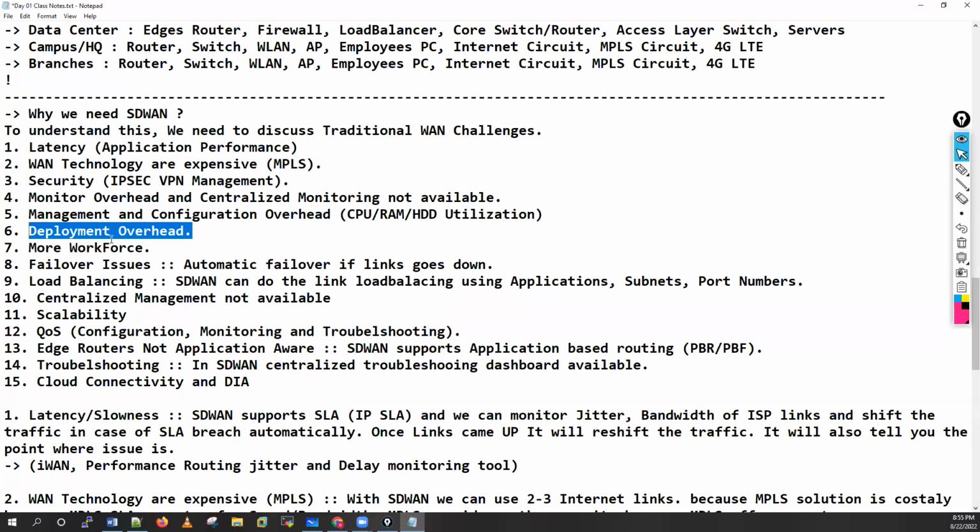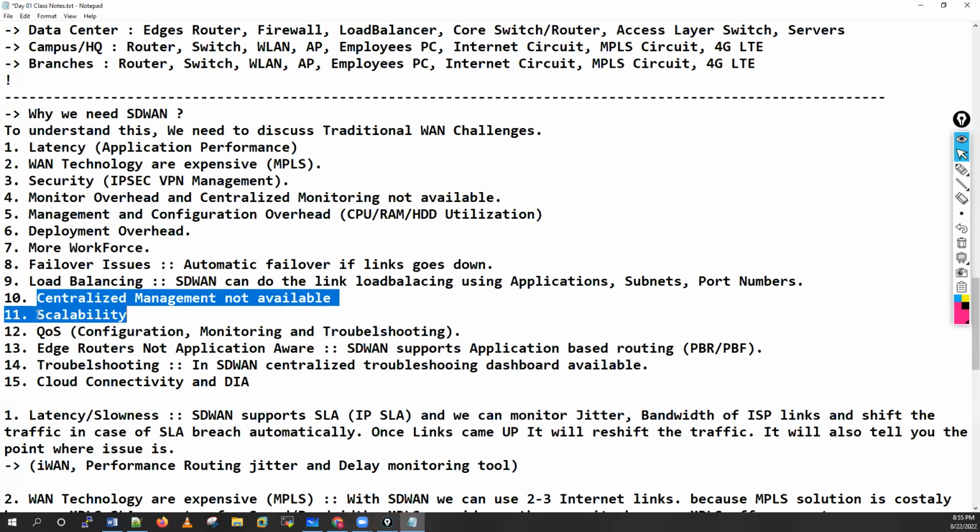You need more engineers. There are failover issues, load balancing issues, no centralized management, and scalability is not there. Quality of service configuration, monitoring and troubleshooting are tedious tasks.